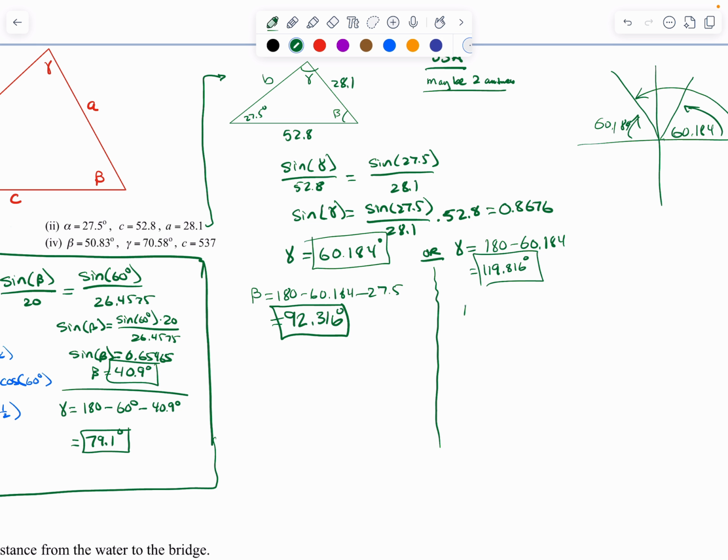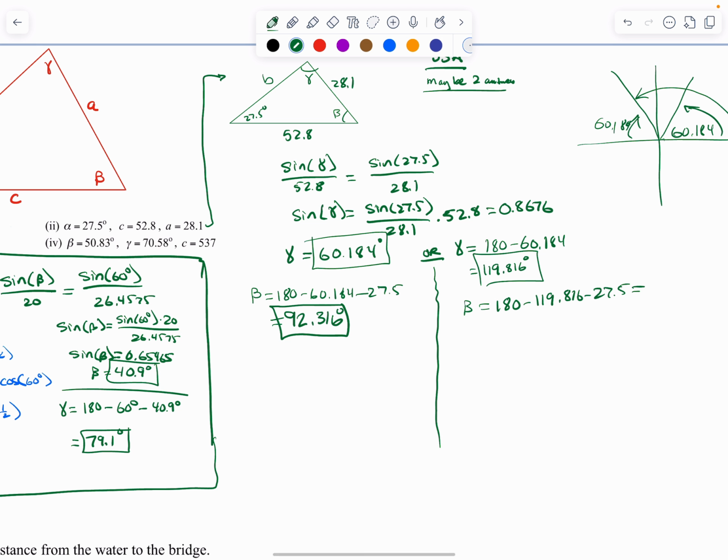Let's get beta over here for the other triangle. So 180, maybe I'll write it out. So let's see, 180 minus 119.816 minus 27.5.